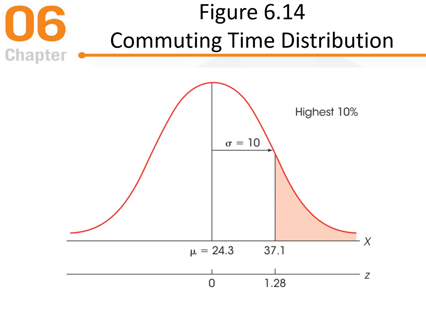So here's an example where you're doing it backwards. You're starting with a proportion and looking up that proportion. Since this is the tail, I'm looking up that proportion in column C, which corresponds to tail. Once I look up the proportion in column C, I can convert that to a z-score based on the table. So I go to column C, find 0.1000, or whatever's closest to that value.